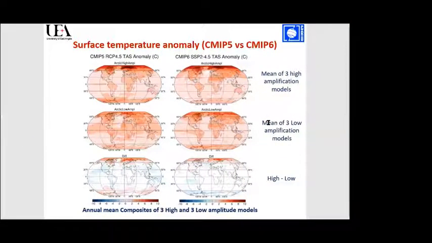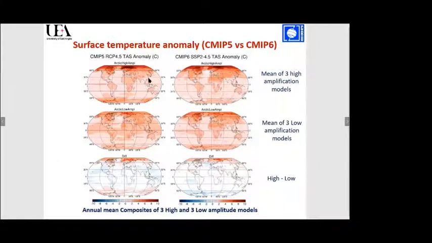Now we have selected 3 high amplification models and 3 low amplification models from both CMIP5 and CMIP6. The left panel I am showing is the CMIP5 models and the right panel is the CMIP6 models, showing the composite mean of the 3 high amplification and 3 low amplification models. We can see that high amplification models, as usual, show a warm Arctic anomaly.